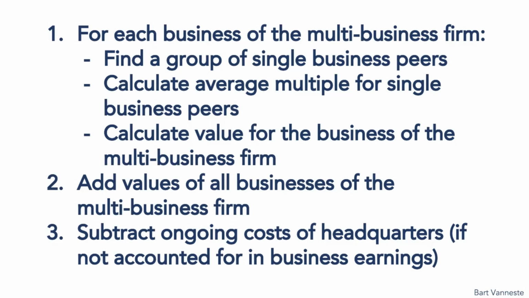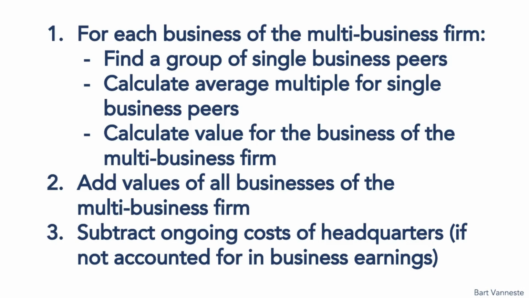Using that group of focus peers, we're going to calculate an average multiple. We use that multiple of those other single business firms to calculate the value of our business. And we're going to do that as often as the number of businesses that we have in the multi-business firm.